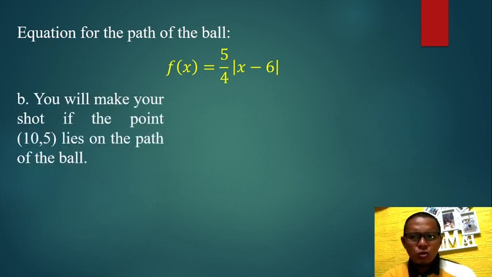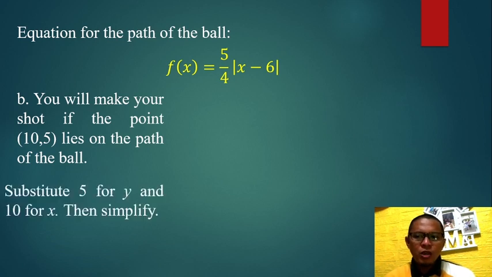You will make your shot if the point 10, 5 lies on the path of the ball. We know already that the path of the ball is f of x equal to 5/4 multiplied by the absolute value of x minus 6.